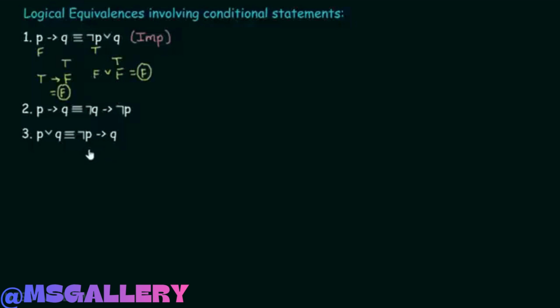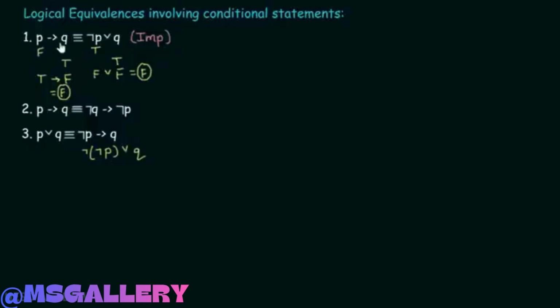Let's prove this one. As we know P implies Q is equivalent to not P or Q, we are going to use this particular logical equivalence here. Can we replace not P implies Q with not of (not P) or Q? How can we write like this?